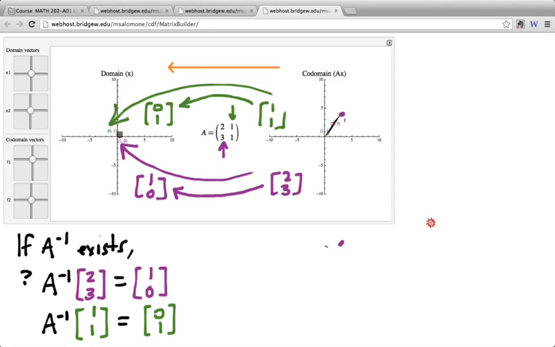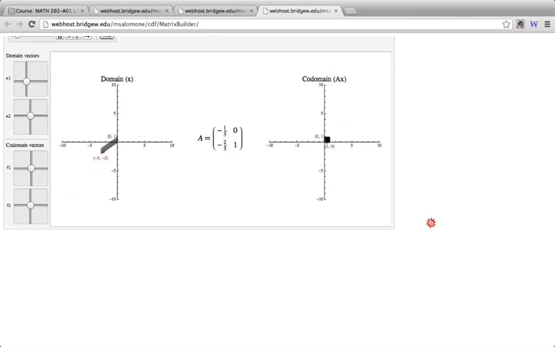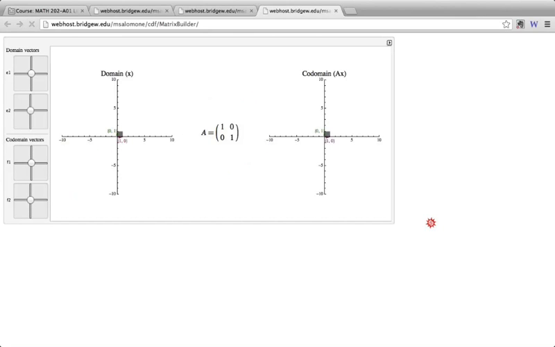But before we do it with our own algebra and arithmetic, let's try it with the app. The app has the functionality to do this. So what I'm going to do is just reset this app back to where it began here. Whoops, that's not the reset button. There we go.